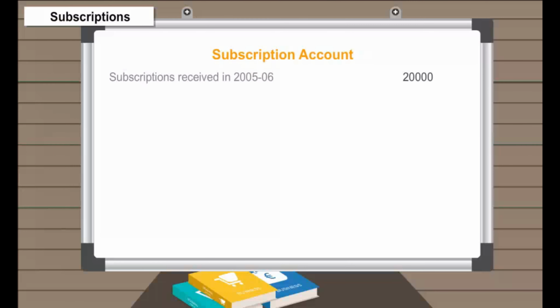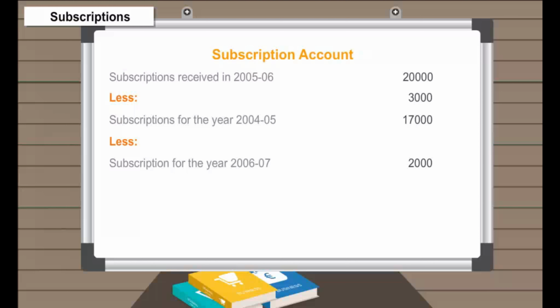For example, a club received Rs 20,000 as subscriptions during the year 2005-06, of which Rs 3,000 relate to the year 2004-05, and Rs 2,000 to 2006-07. At the end of the year 2005-06, Rs 6,000 are still receivable.